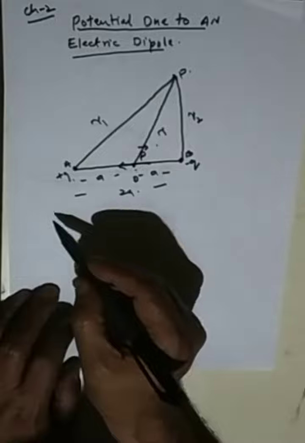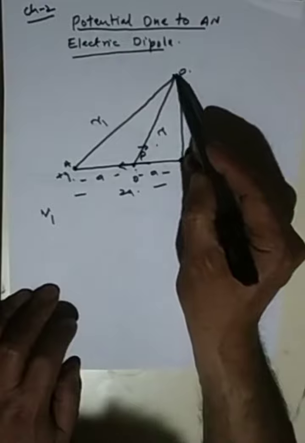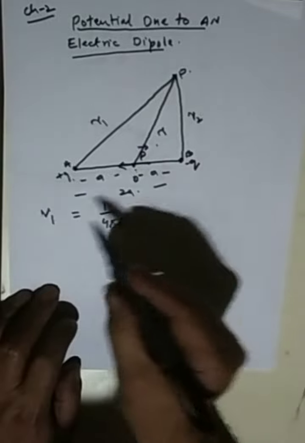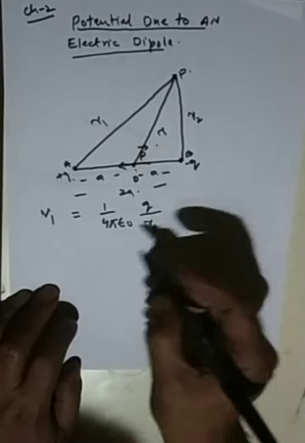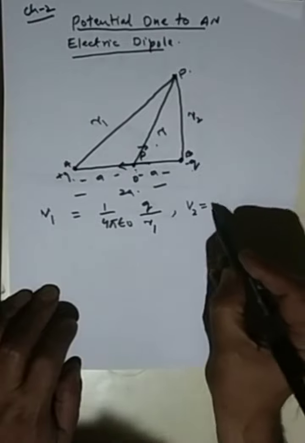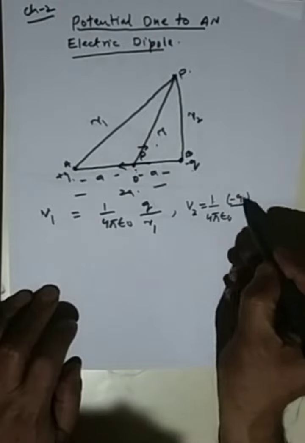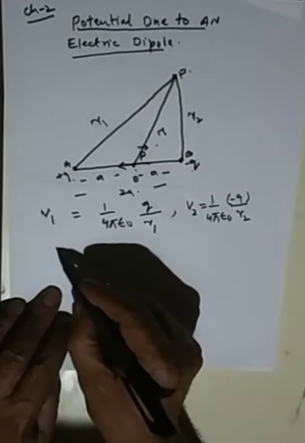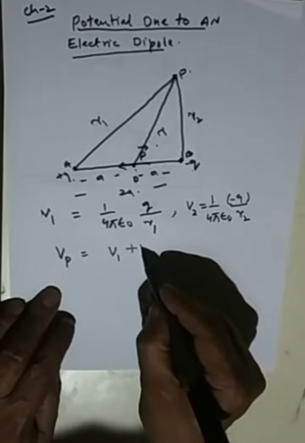So let us suppose that V1 is the electric potential produced by charge Q at point P. Then we know that V1 will be equal to 1 by 4 pi epsilon naught Q by R1. And V2 produced by this minus charge will be equal to 1 by 4 pi epsilon naught minus Q by distance R2. Now the total potential at point P, Vp, will be equal to V1 plus V2.